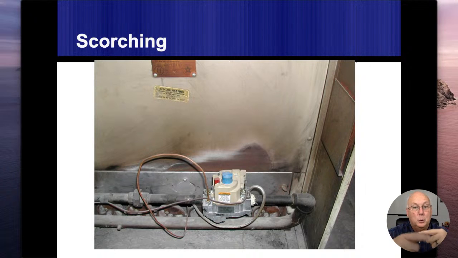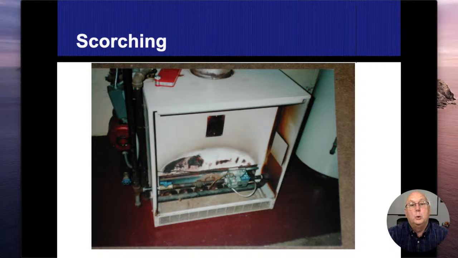Another indicator that we're backdrafting, or at least air is rolling out of there. So scorching, and flame rollout is another term that we're going to be using when the flame actually goes the wrong direction. This one's a little bit wider. You can see how it has that big cave that comes all the way across, our big arch that comes all the way across here, that's all scorching as well.